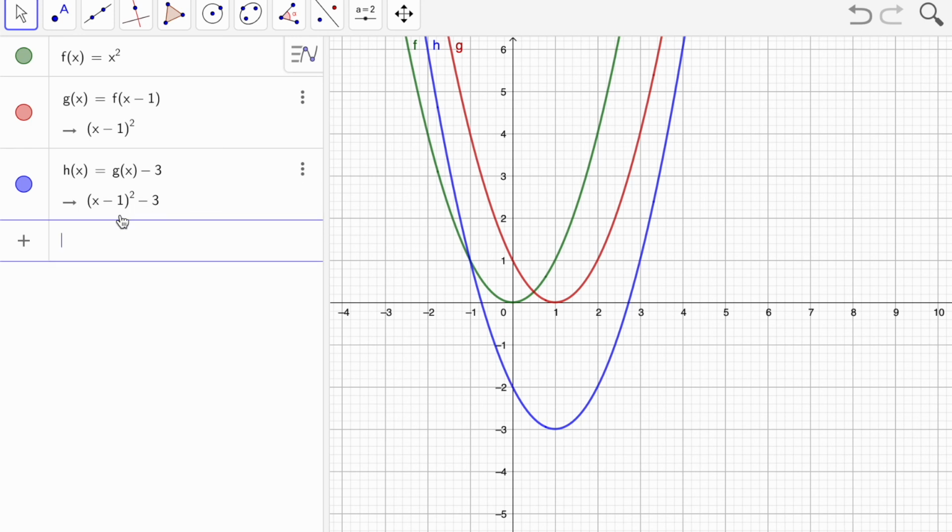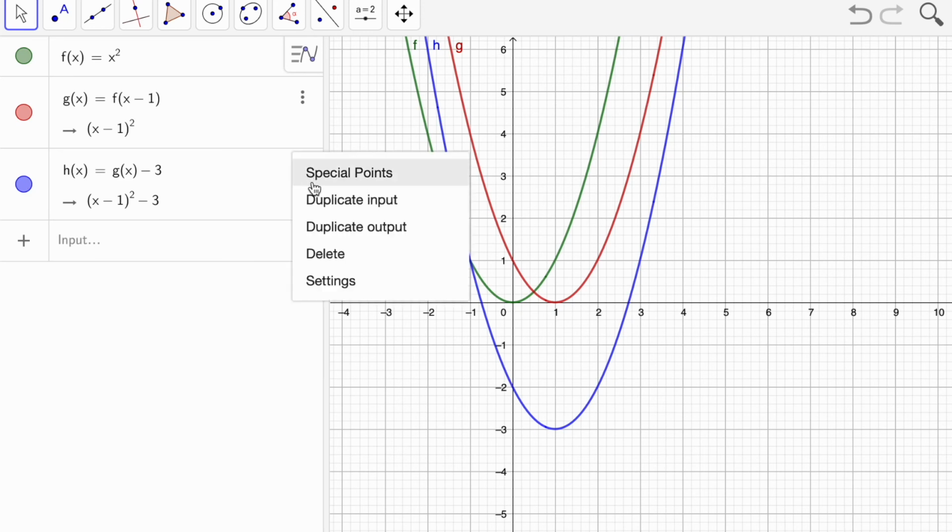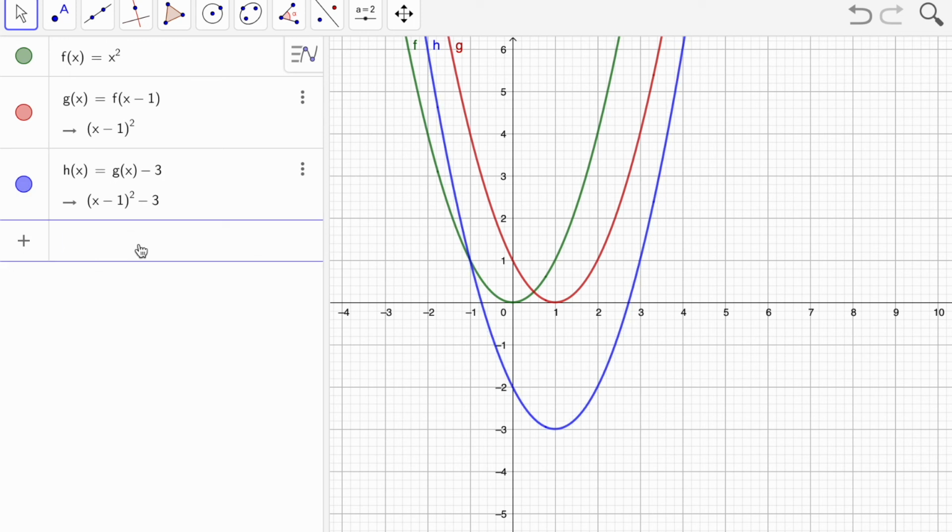Let's put it all into 1 then. So let's call it k of x, and we will do x minus 1 squared minus 3, and we get that one there.